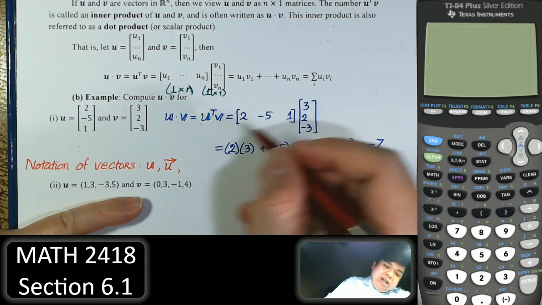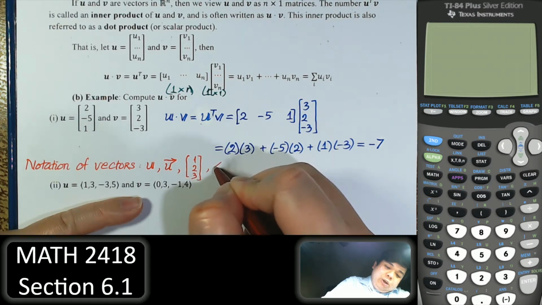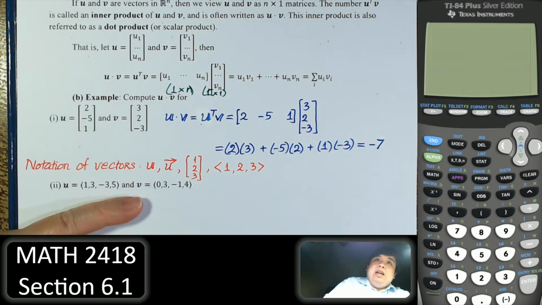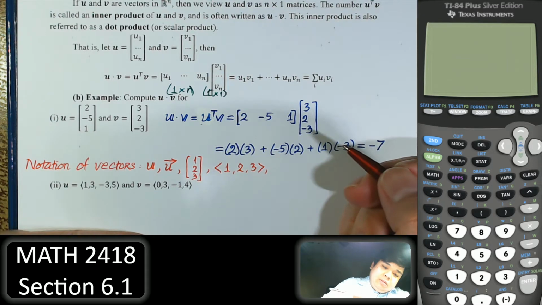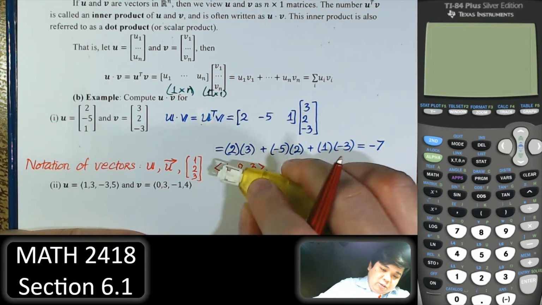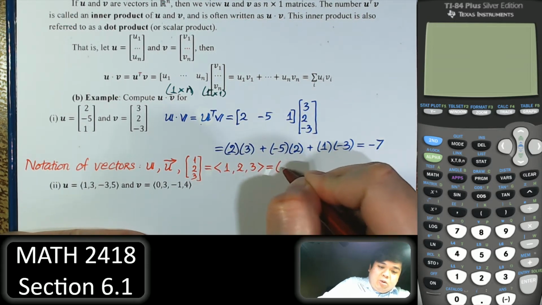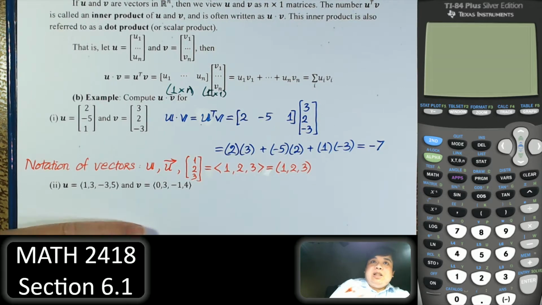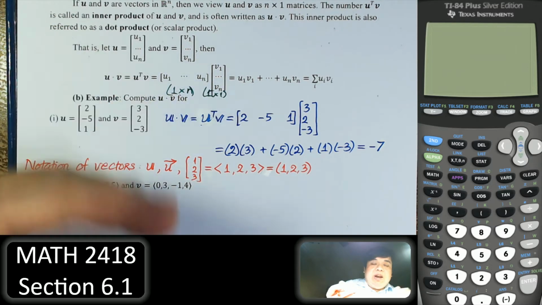When we see a vector, let's say with 3 components, we could write it like that, or we could write it in bracket notation. Let's just write equal because they are equal. And then we can just write 1, 2, and 3. I said 3 components. That is a vector. A point can be thought of as a vector as well.